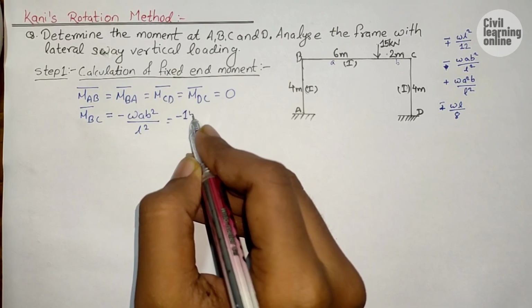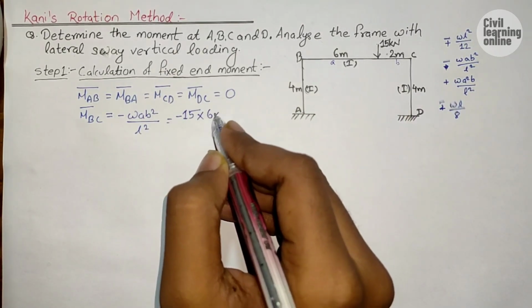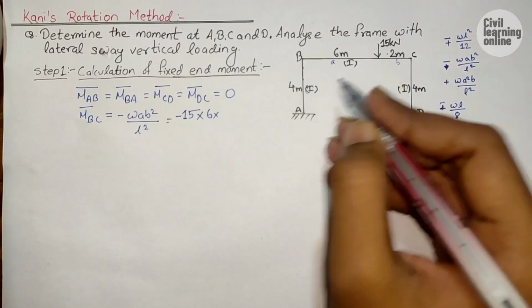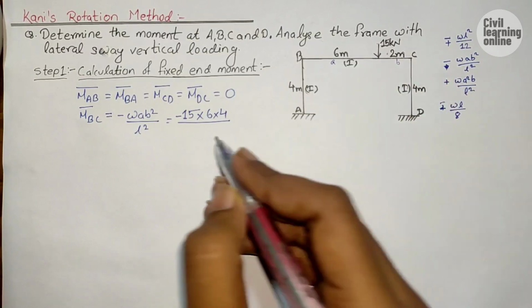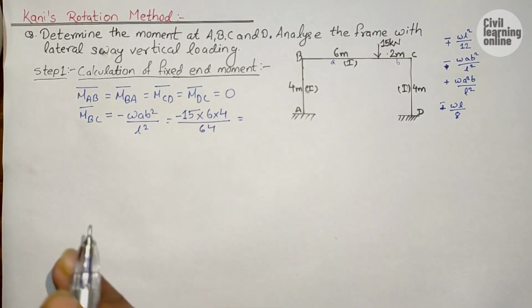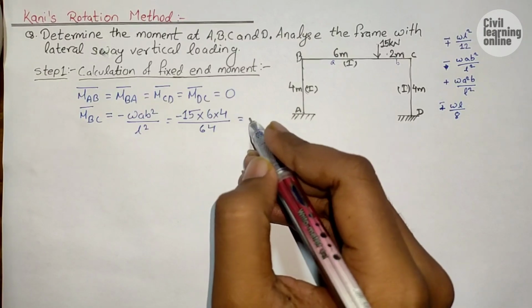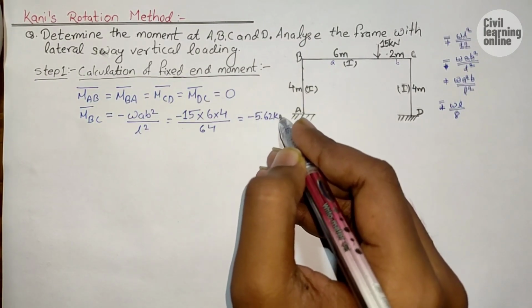So 15 times A, which means 6 meter, times B square, which means 2 square, equal to 4, divided by L square, and the whole span is 8 meter, so L square means 64. And from here, on solving this, we will get the value of the fixed end moment at B, which will be equal to minus 5.62 kilonewton meter.